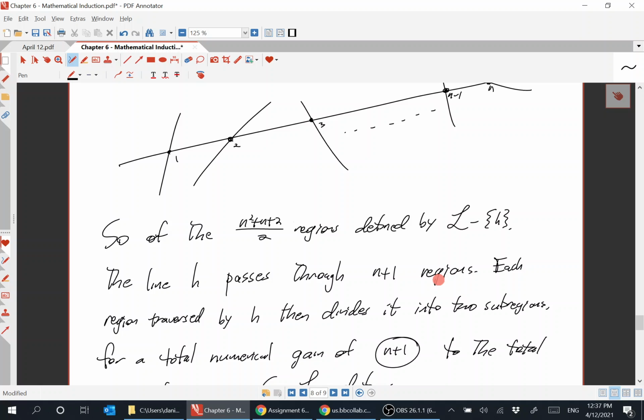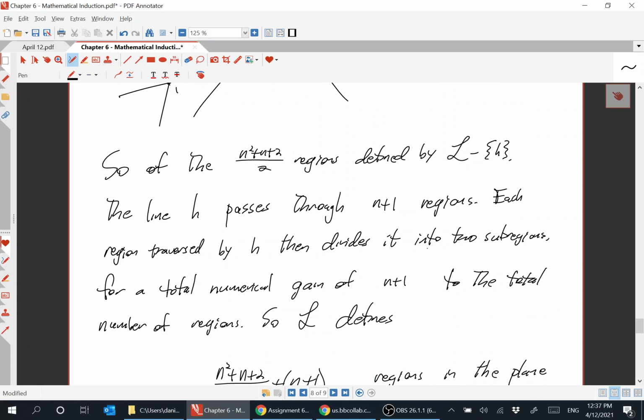So it passes through n plus 1 of those regions. And each time it goes through a region, it divides it into 2 subregions. So each region that it passes through gets cut into 2. It passes through n plus 1 regions and replaces each with 2 smaller regions. So you lose n plus 1 regions and you replace them with 2n plus 2 regions, for a total gain of n plus 1.